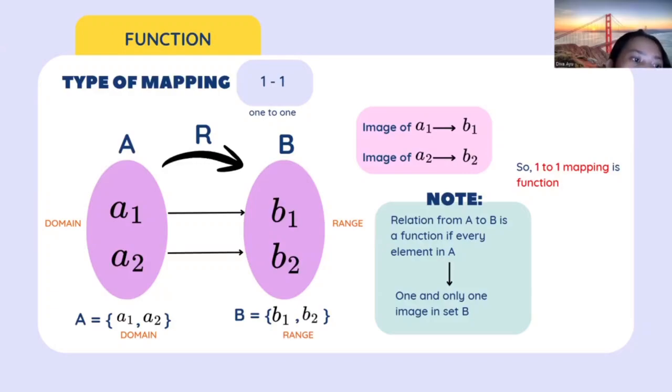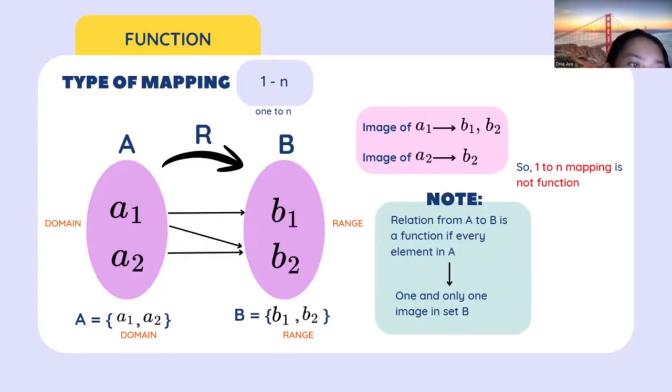If the mapping is one-to-one, the relation is a function. Do you know why? This is because every element in set A has one and only one image in set B. As we had seen in the previous lesson, this is the only condition for a relation to be a function.